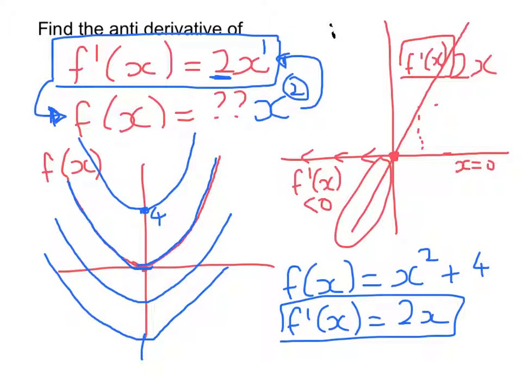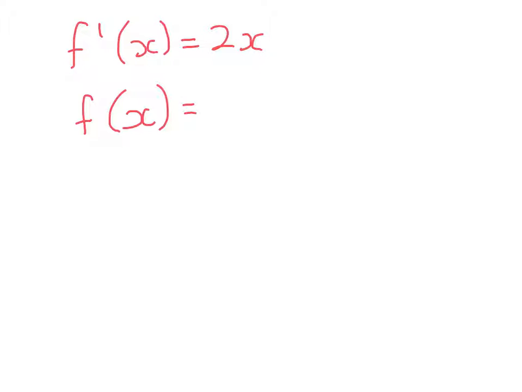So when I antidifferentiate, I need to include a constant term on the end. I'm going to do that on a new slide. If I have the gradient function f dash of x is equal to 2x, my antiderivative is equal to x squared plus c.